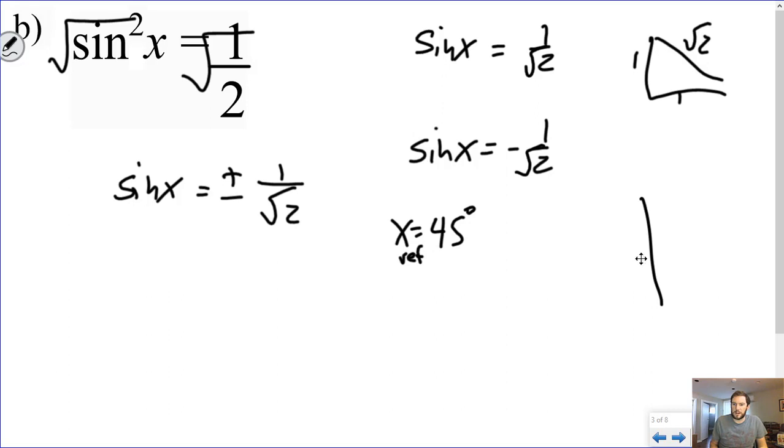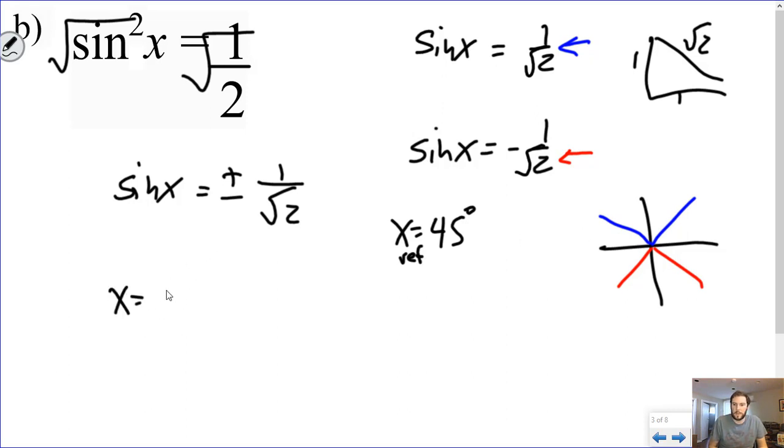And then we have to use our CAST rule to figure out what quadrants we're in. So for positive x, we'd be in quadrants 1 and 2. And for negative x, we'd be in quadrants 3 and 4. Now, for our answer, we're going to use this notation here.